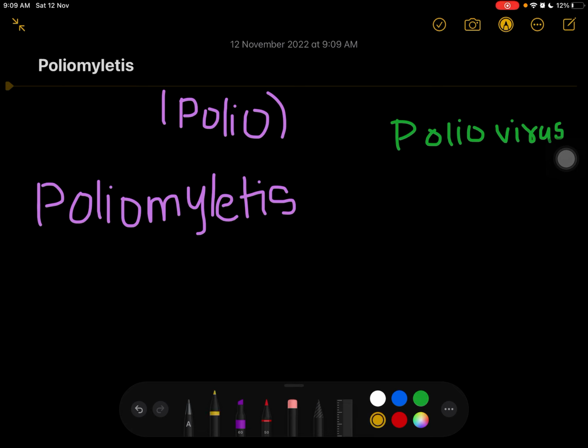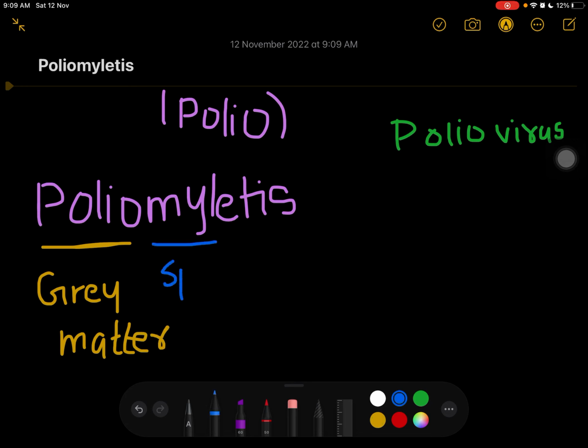Now let's decode the terminology. What does polio mean? Polio means gray matter, right? And myelo means spinal cord, and itis means, wherever the word itis comes, it means inflammation.